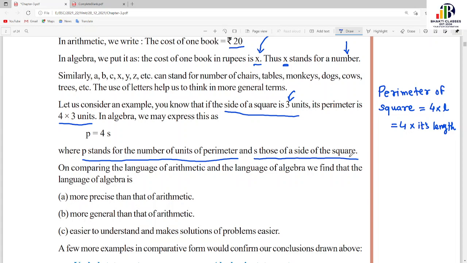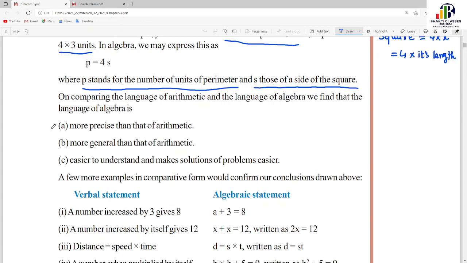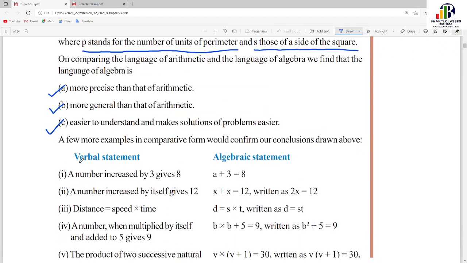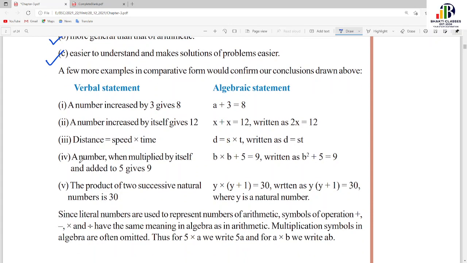On comparing the language of arithmetic and the language of algebra, we find that the language of algebra is more precise than that of arithmetic, more general than that of arithmetic, and easier to understand, and it makes solutions of problems easier. Let us check some more examples in comparative form and we'll confirm our conclusions.